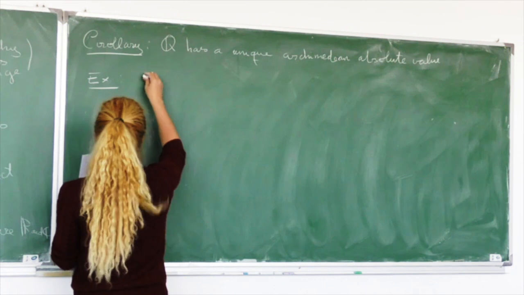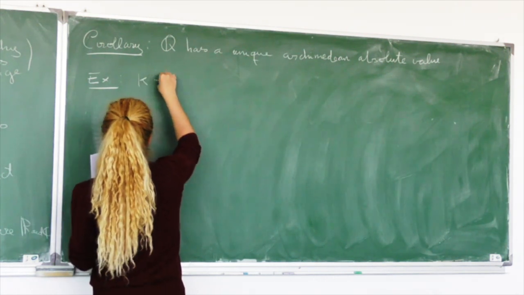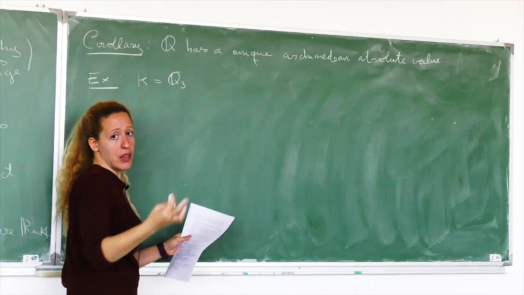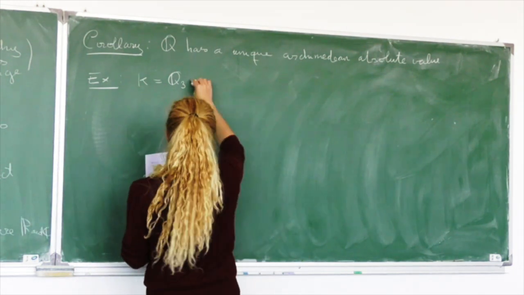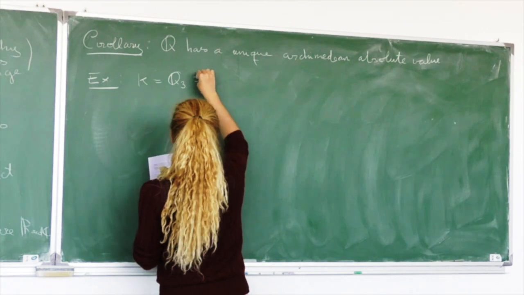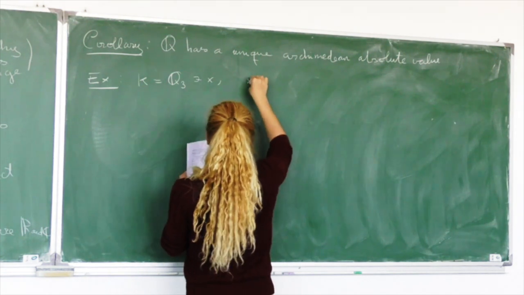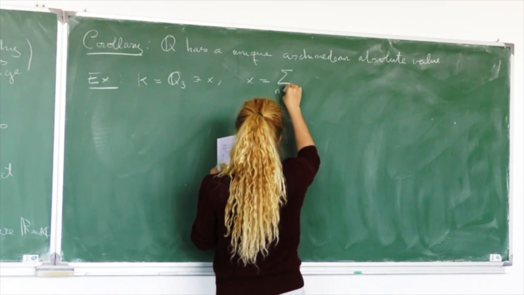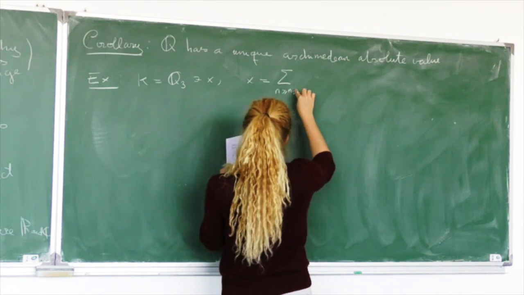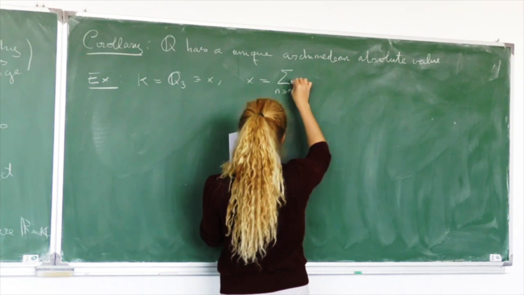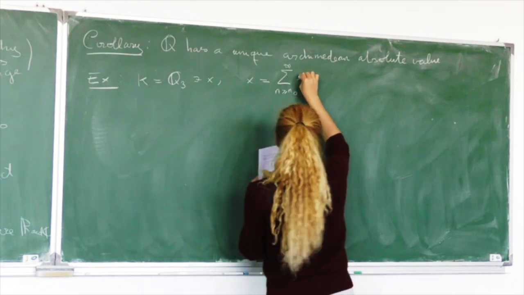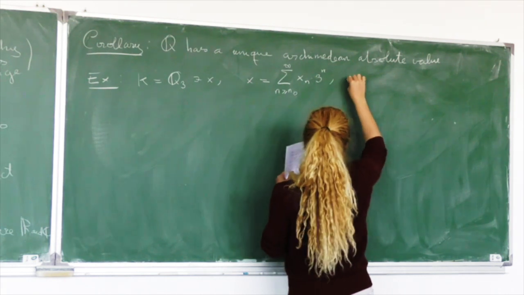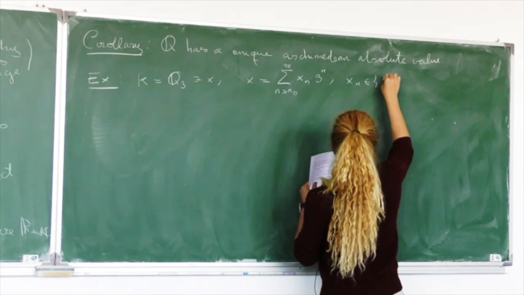For instance, I'm going to take K equal to Q3, so the three-adic numbers. Recall that an element here can be described as follows: a sum with indices from a fixed n0 to infinity of x_n times 3 to the n, where x_n is in this set.